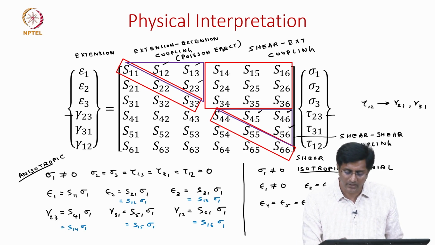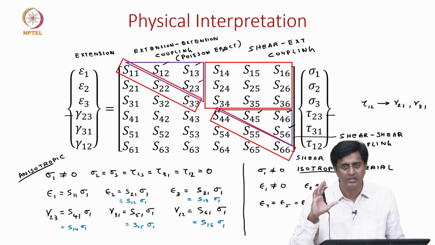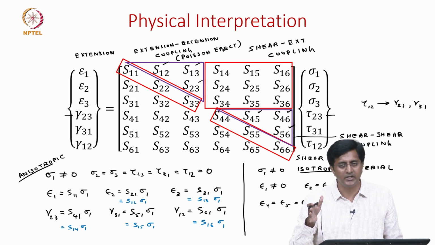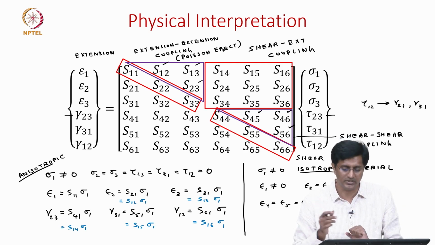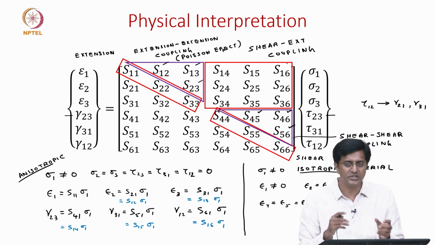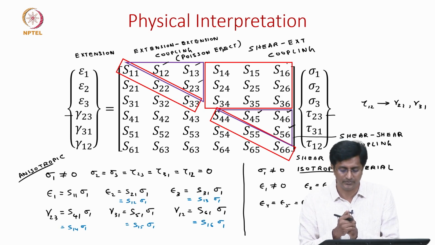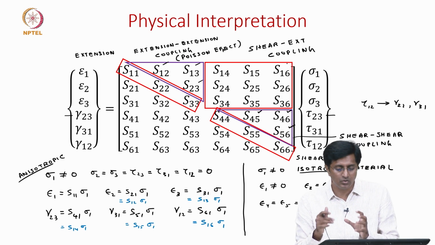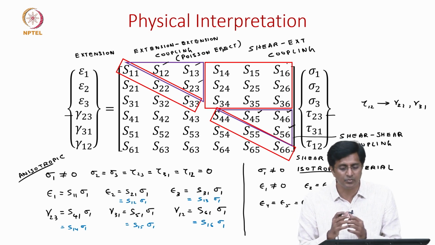Similarly, the bottom triangle is the shear coupling, saying that if I apply a shear stress in one particular plane, what are the shear strains in the other two perpendicular planes. And lastly, the shear extension coupling, where applying normal stresses produces shear strains in the material. So, do isotropic materials have this shear extension coupling?